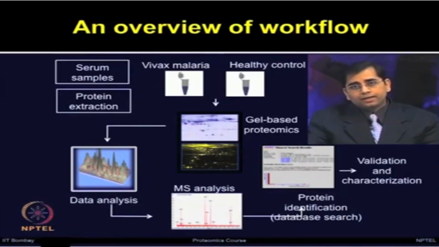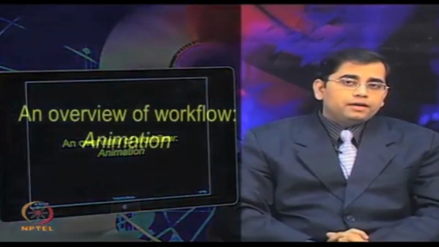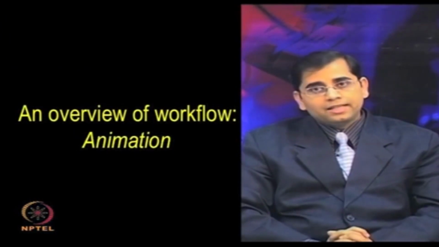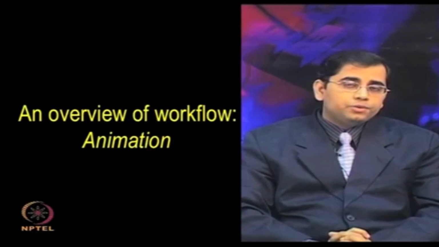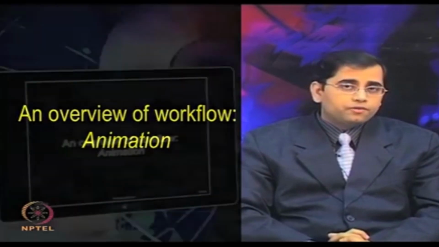Further, we validated a few targets and analyzed the data for various types of pathways which could be involved in such disease. So, before we move to details of various experiments performed in this study, let me show you this animation to give you an overview of the workflow followed in this experiment.